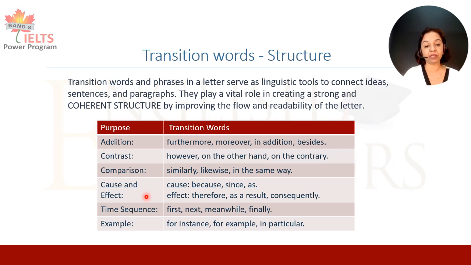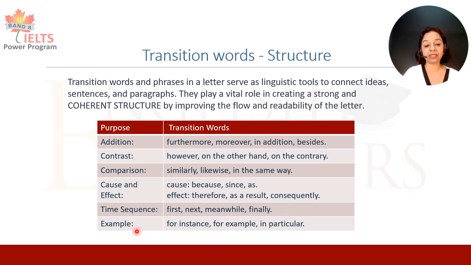If you have to write in the paragraph any reason or cause of something and what is the effect of that, for cause you will use because, since, as, and for effect you will use therefore, as a result, or consequently. In case you're writing a time sequence, describing some activity or event that happened, you would use transition words like first, next, meanwhile, finally.